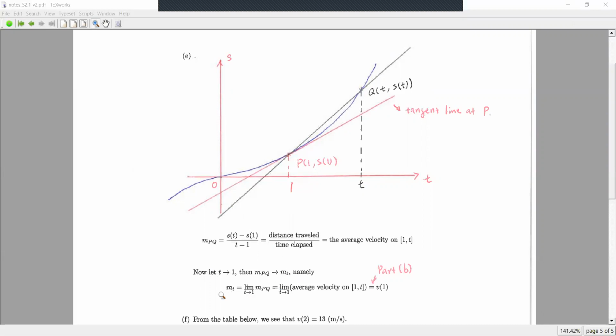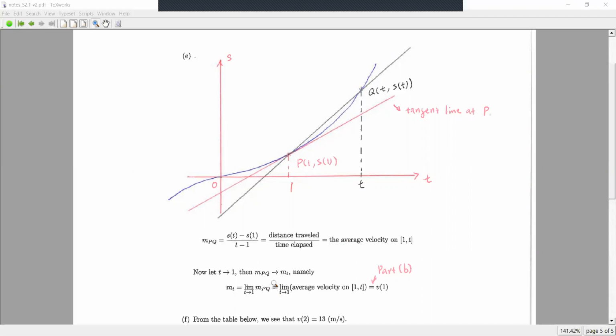In other words, the slope of the tangent line is equal to the limit of the slope of the line PQ as t approaches 1. But the slope of the line PQ is the average velocity over this time interval.